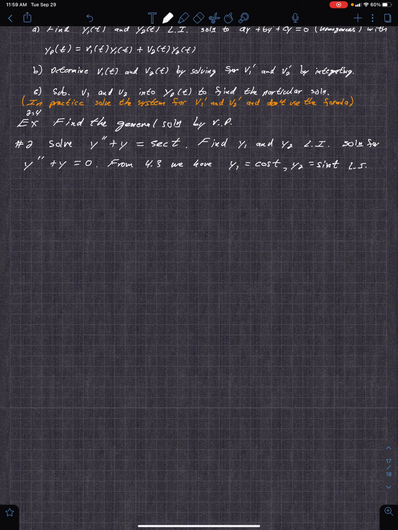That's because that's the harmonic equation that we can solve. So we know the homogeneous case, y_h of t is c1 cosine t plus c2 sine t.